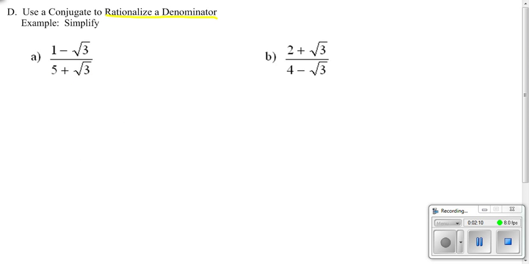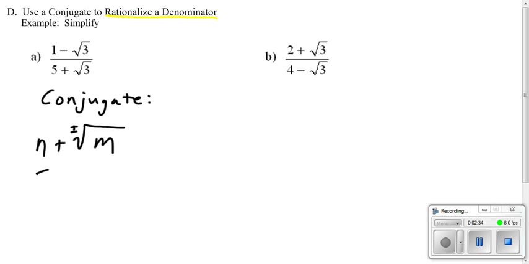What we need is called the conjugate. And a conjugate is basically whenever we have our binomial, normally what we're going to be using is n plus, we'll use an index of a radical and our m underneath. Our conjugate is basically just going to be the same values, but instead of the plus in front of the radical, it's going to be minus.